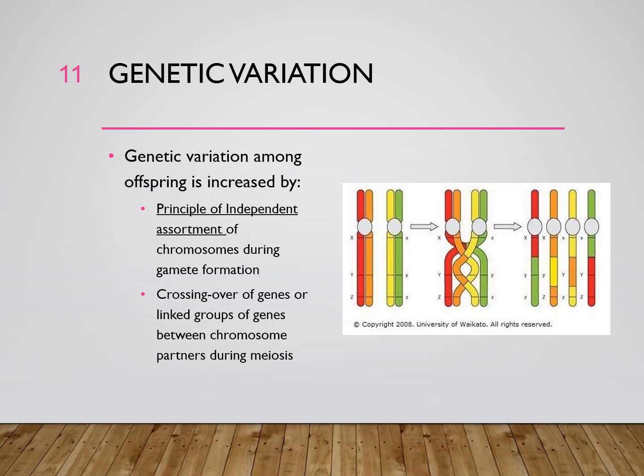So that way each sperm and each egg is going to be genetically different from its other friends, right? So again, we call this genetic variation, and this process is referred to as the principle of independent assortment. So that applies to genes and or groups of genes.